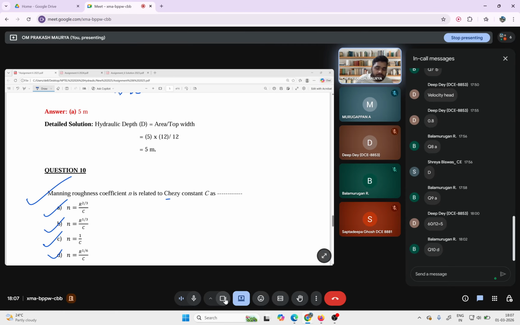Okay, so for question number 10, Bala is telling option D is correct. That is n is equal to R to the power 1 by 6 divided by C. Okay, very nice. Can anyone tell what is the Strickler formula for calculating your n? This is related to your D50.